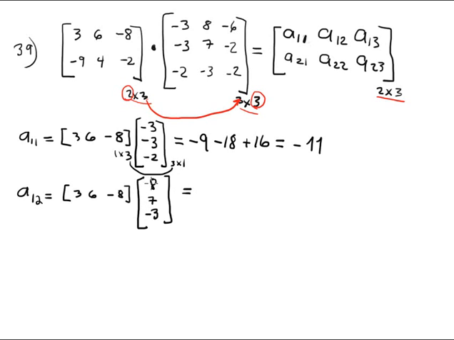The answer is 3 times 8, 24. 6 times 7 is 42, positive. And negative 8 times negative 3 is positive 24 again. When you add them, it is 90.